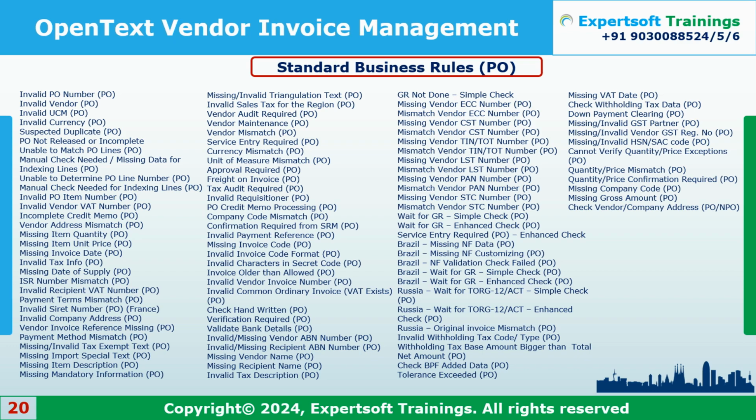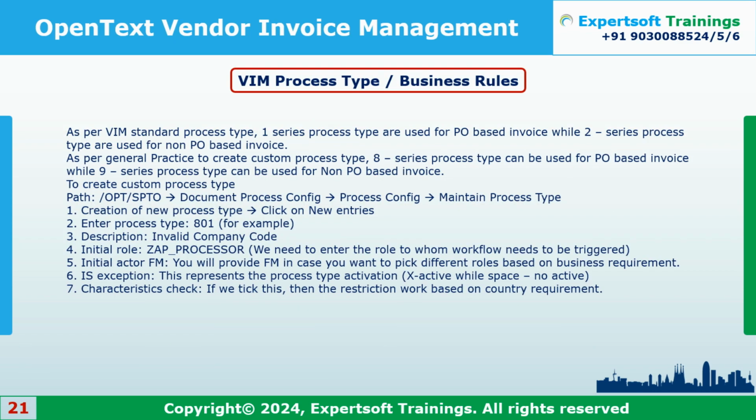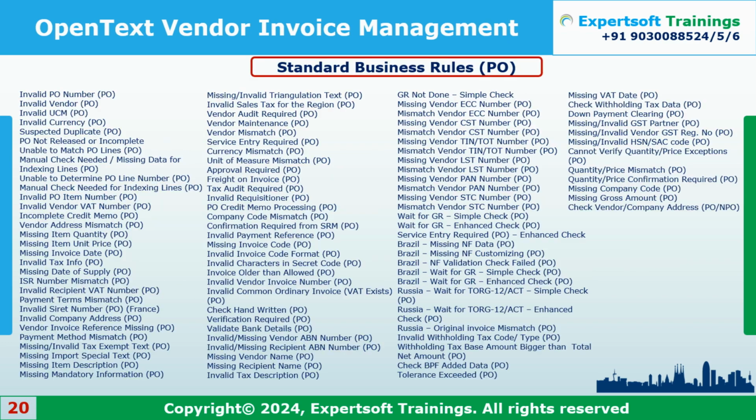Let me just copy these two and put it there also. So these are the various standard business rules which SAP has given for non-PO, like invalid vendor, currency, requested ID, suspected duplicate, non-PO credit memo processing.